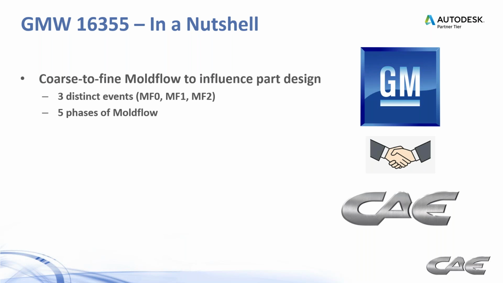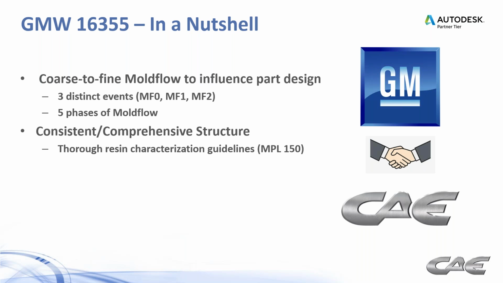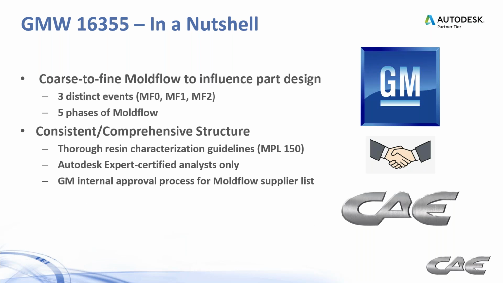And there are 5 phases of Moldflow that are interrelated with that, that we'll explain as well. It's a consistent and comprehensive structure in their standard. So, for example, we'll talk about resin characterization guidelines. We'll talk about what is expected of the analyst. We'll talk about the GM internal approval process for the Moldflow analysts, and we'll show some of the explicit outputs at each phase.